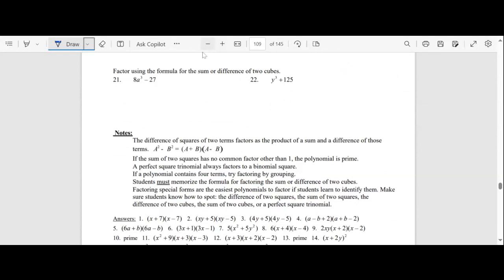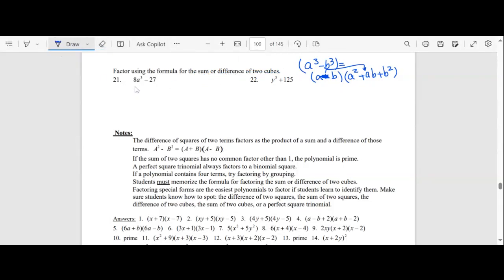We said that the formula for a cubed minus b cubed equals what? a minus b, and here is going to be a squared, and we take the opposite of the negative, which becomes what? Positive. So it's going to be plus ab plus b squared. Okay? That's the sum or difference of two cubes. This is the formula.